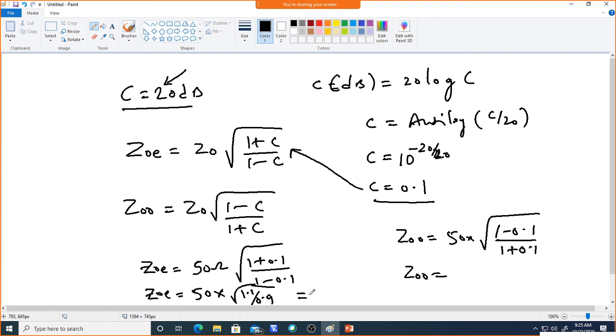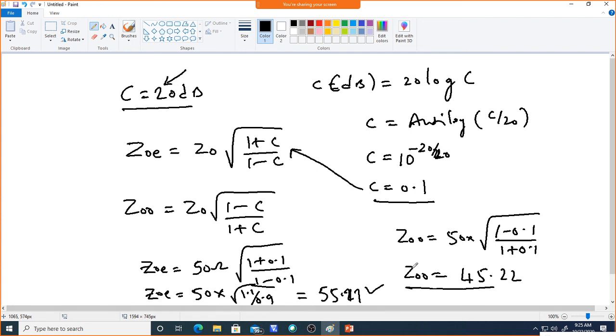So what are ZOE and ZOO? 55.27 and 45.22. So this is the even mode impedance and this is the odd mode impedance.